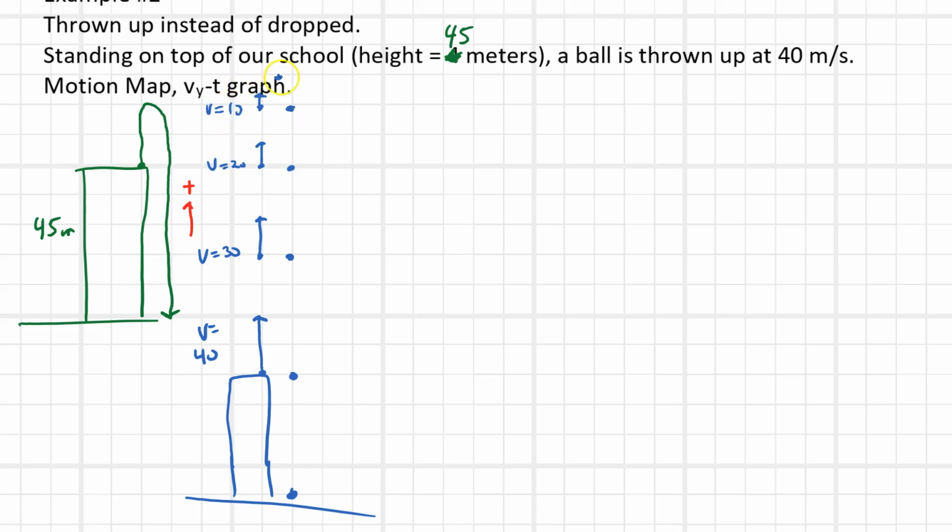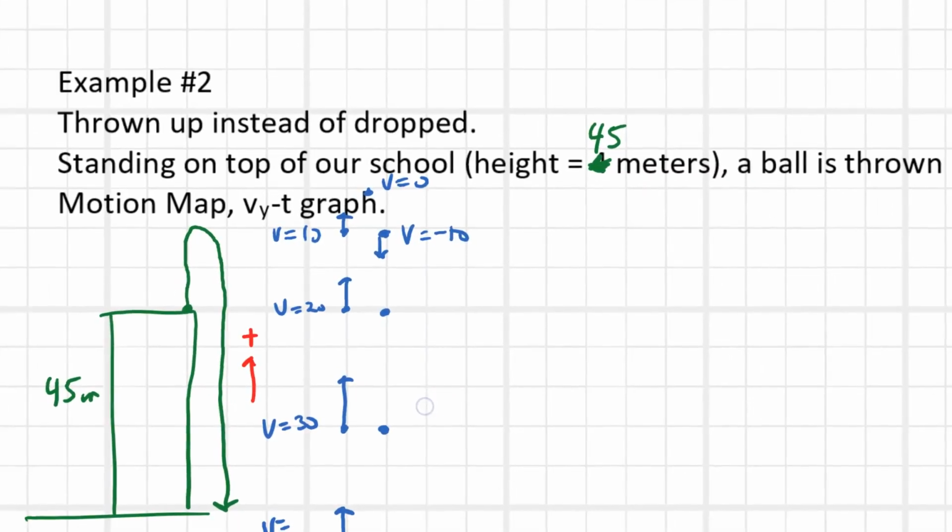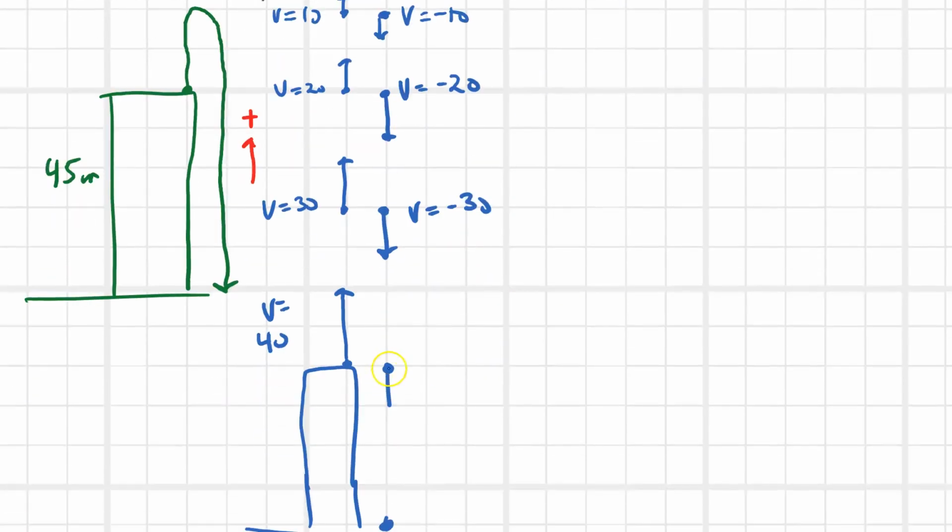At the top, it's going 0. And now it's going downwards at 10. Here it's going downwards at 20. Here it's going downwards at 30. Here it's going downwards at 40.